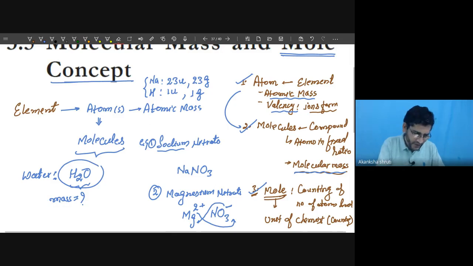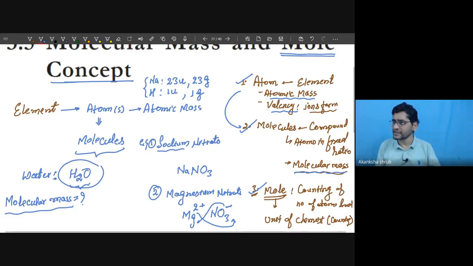Students, a molecule is formed by the combination of atoms. Therefore, by the law of conservation of mass, we can say that the molecular mass will be the same as the sum of the masses of all the atoms present in that molecule.